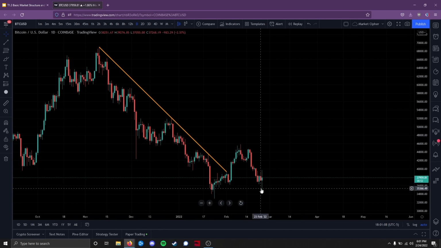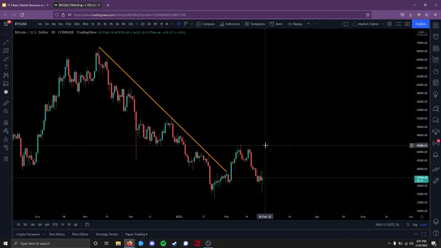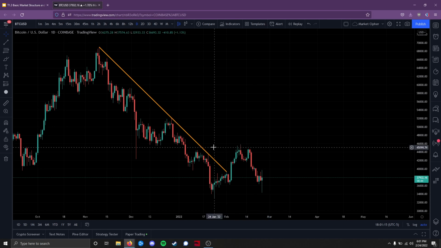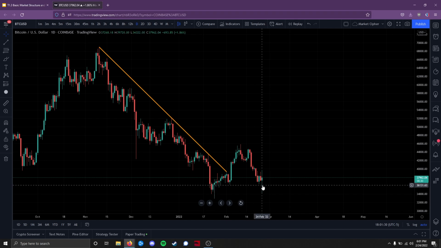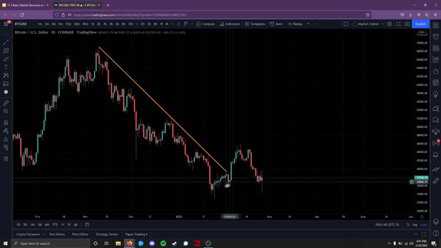What's interesting at this particular point is that we produced another low on February 24th. We have to see what happens in the future because we're really at a crucial point with Bitcoin here. The low on January 24th, literally a month before, was 32,933. The low on February 24th, the next low of this overall pattern, was 34,322.